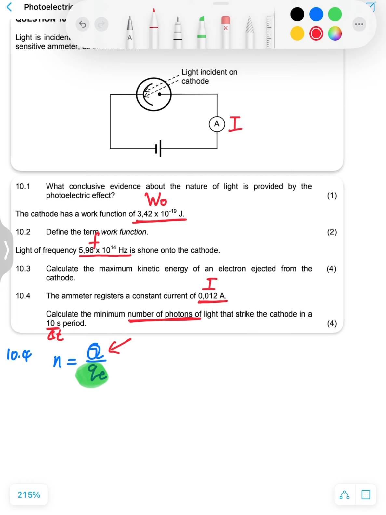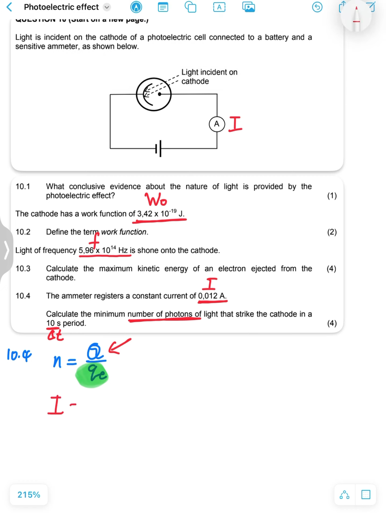We know that current is the rate of charge, or charge over time. So charge over time is current. In this case, charge will be current multiplied by time.